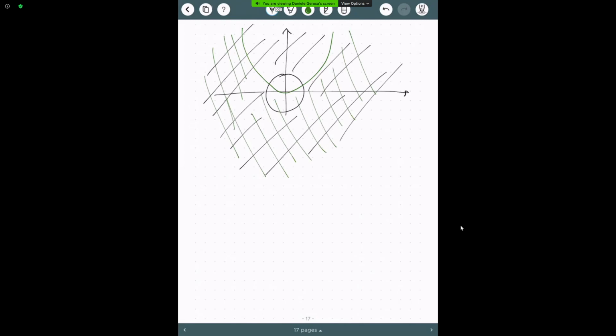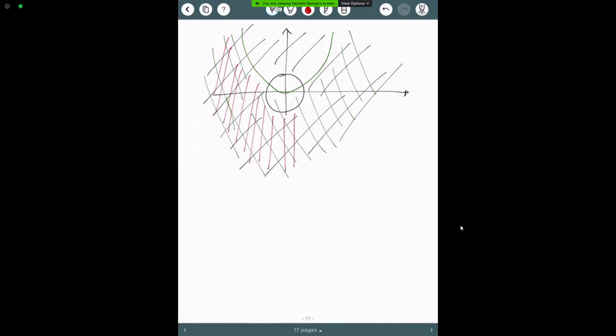Okay, so essentially, if we consider the two inequalities together, the set that we are considering is this red one here.